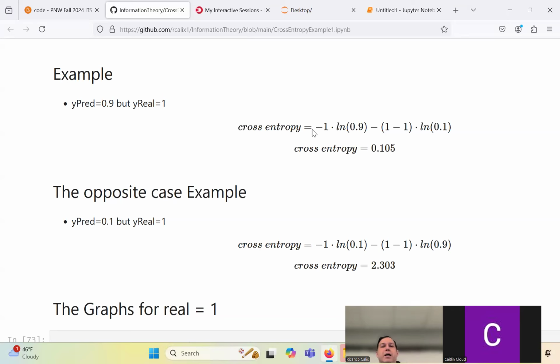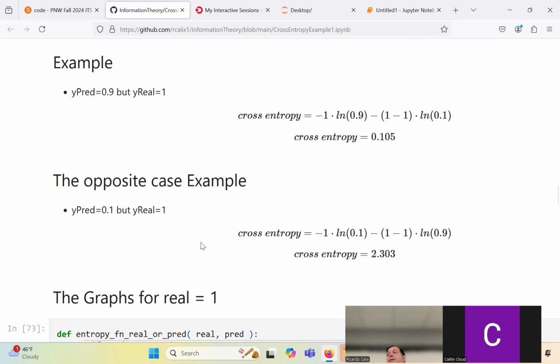So then you plug in the values. So cross entropy will be, it's a 1, right? And it's a probability of 0.9 versus 1 minus 1, the other label, and a probability of 0.1, the difference. Do you guys see that? And so now when you take that computation, the cross entropy is 0.105, right? So the neural network is doing well and the cross entropy is low.